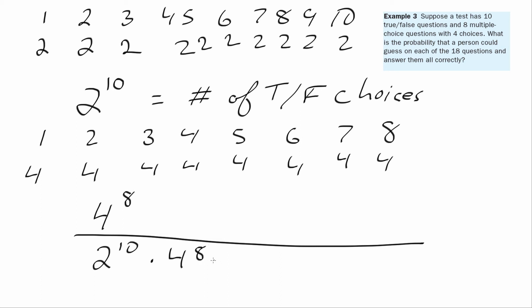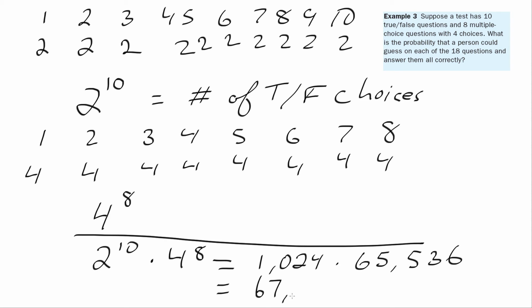That's going to equal 1,024 times 65,536, which equals, when we put them together, 67,108,864 possible different ways to answer the questions on this test.